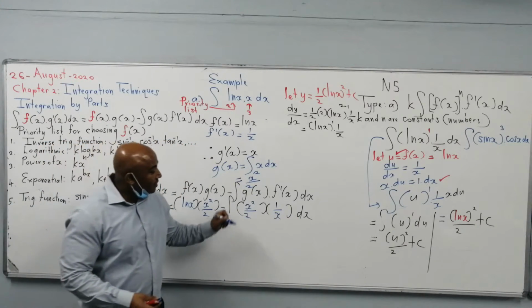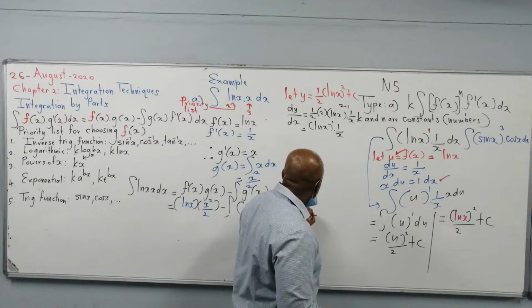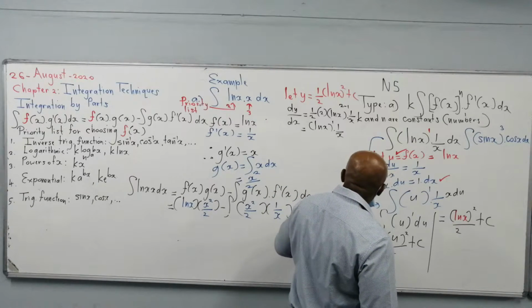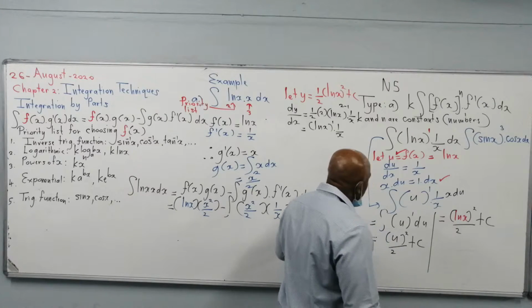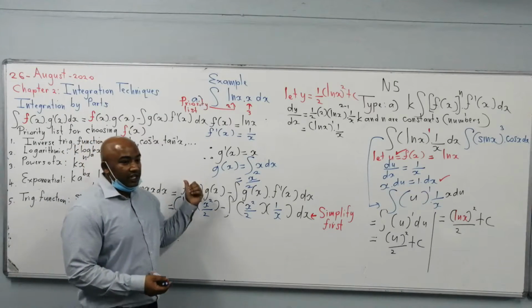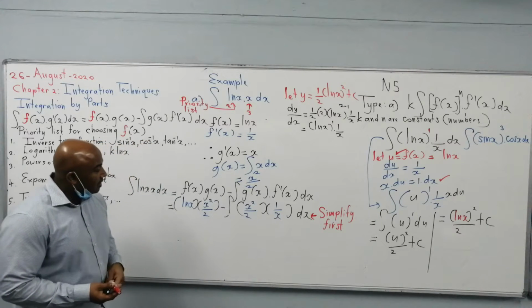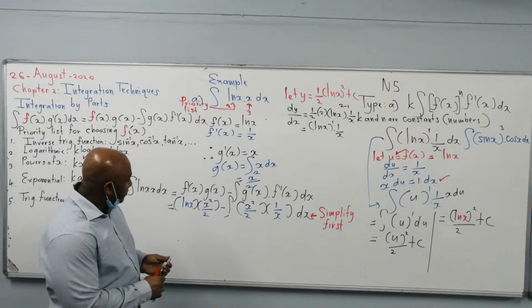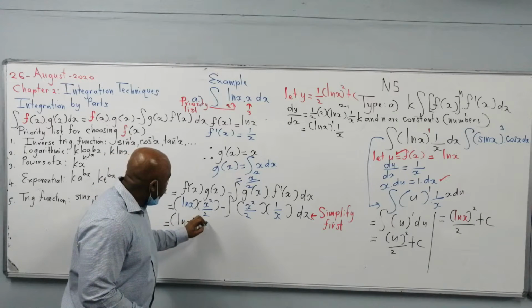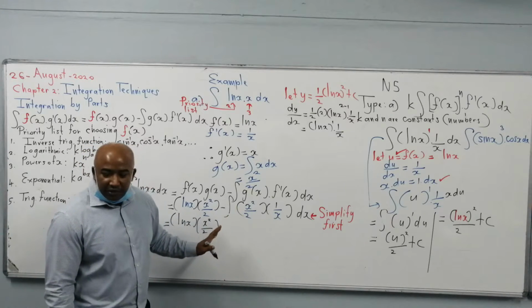So after we substitute into the formula, the focus is now on the integration part. What you need to do is always simplify first. So now we need to simplify this here. Simplify first, and then check how we are going to integrate. Do we still need to use integration by parts, or is it something that we know from N4, N5 straightforward? Let's see. So now this is going to be my ln x times x squared over 2, and here now simplify.